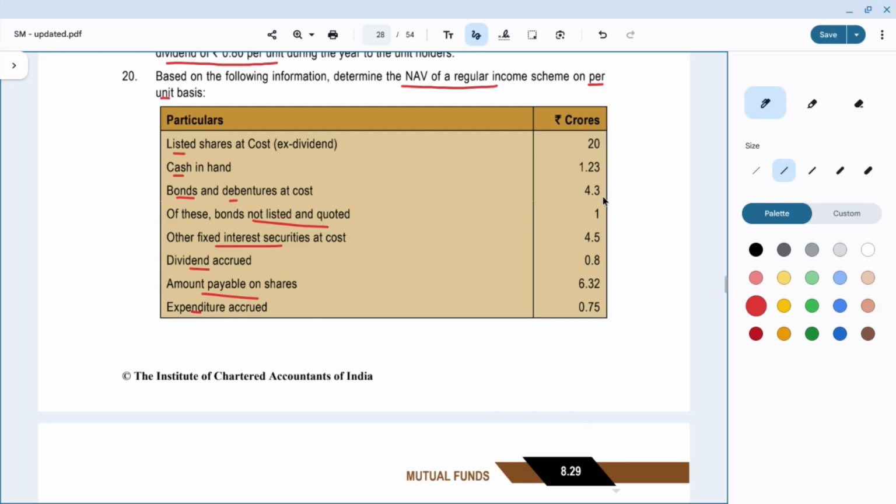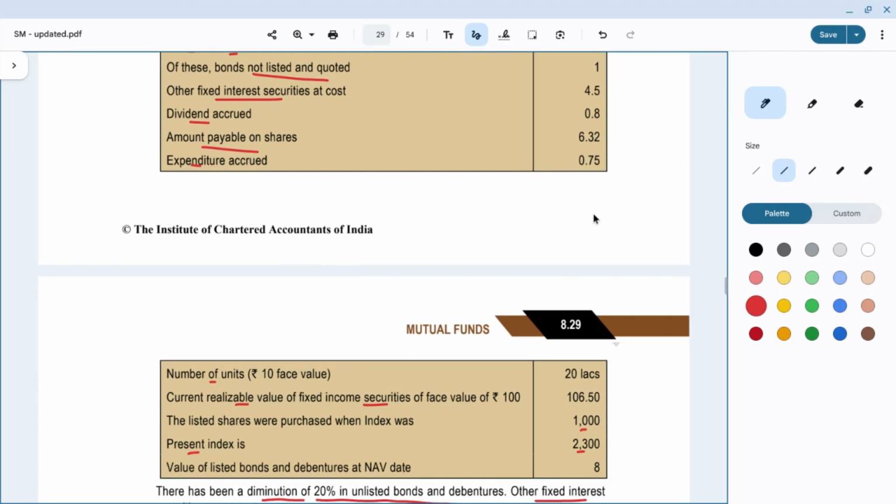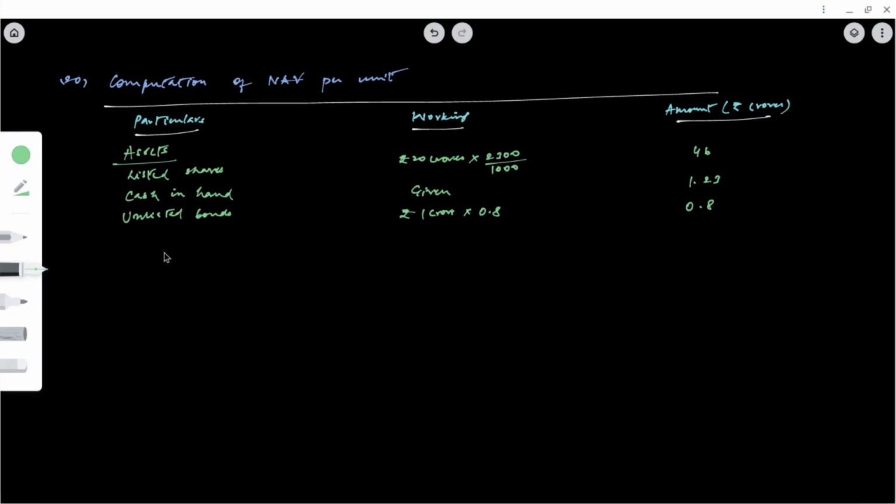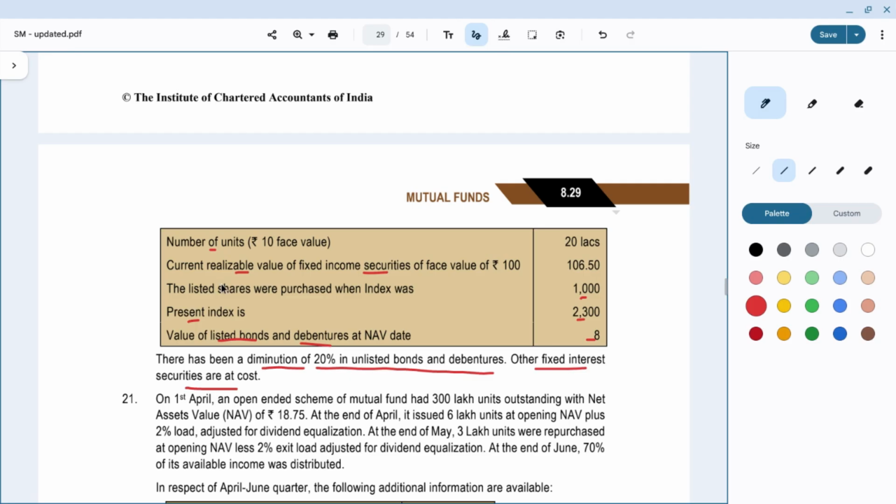Out of 4.3, 1 is not listed. So the remaining 3.3 will be listed, so at cost it is 3.3. Any other adjustment? The value of listed bonds and debentures at NAV date is 8. So straight away we will take 8 to be the value of listed bonds, that is 8.